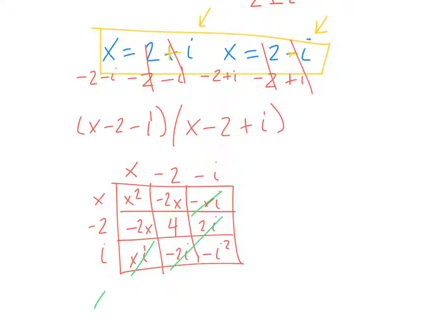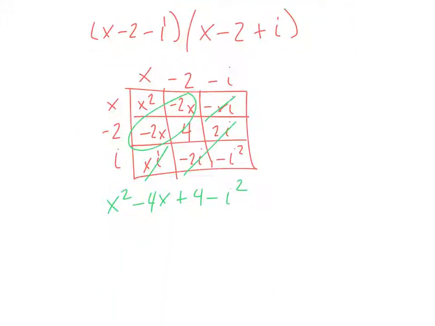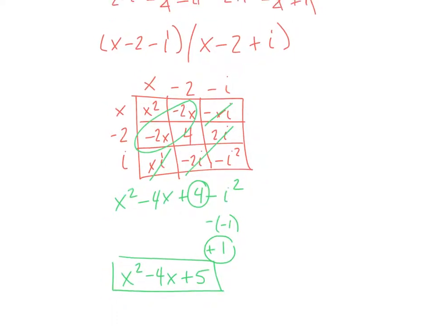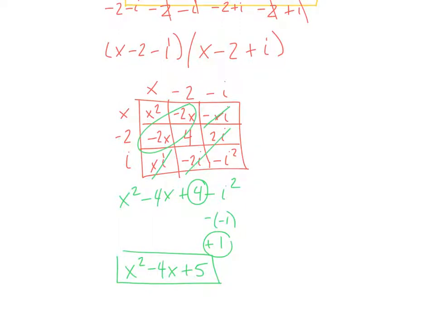You are going to be left with x squared, these combine to be negative 4x, plus 4 minus i squared. But the i squared will become a negative 1, becoming positive 1. And that positive 1 will add with the 4 and get my polynomial of x squared minus 4x plus 5. So there you have it. What the conjugate pairs theorem does is it allows you to have a polynomial with real coefficients but with imaginary answers.